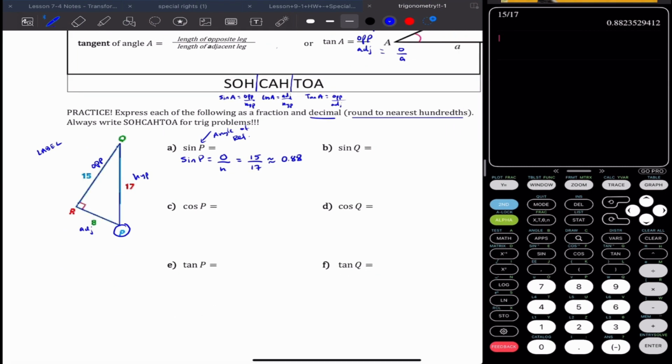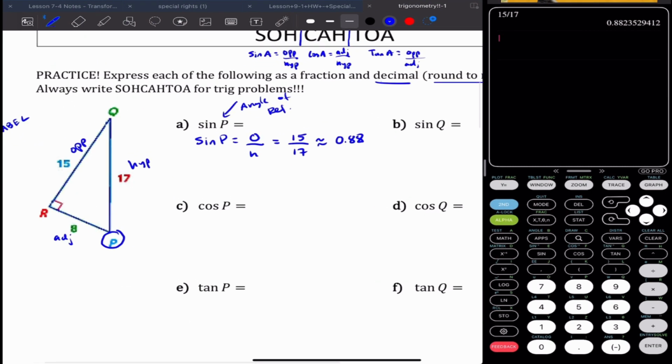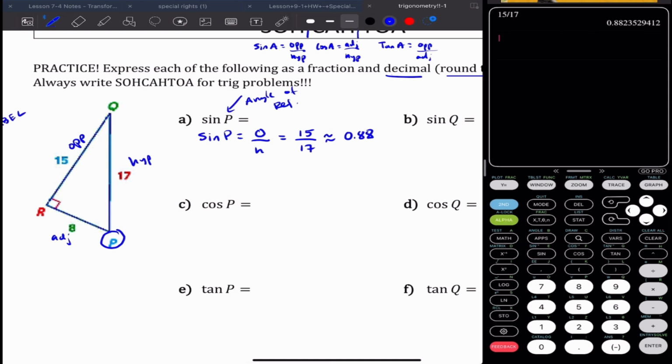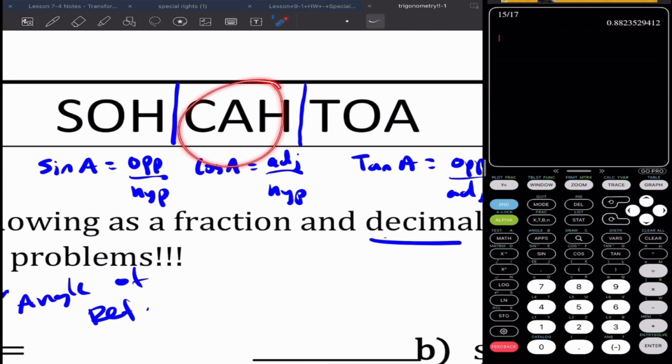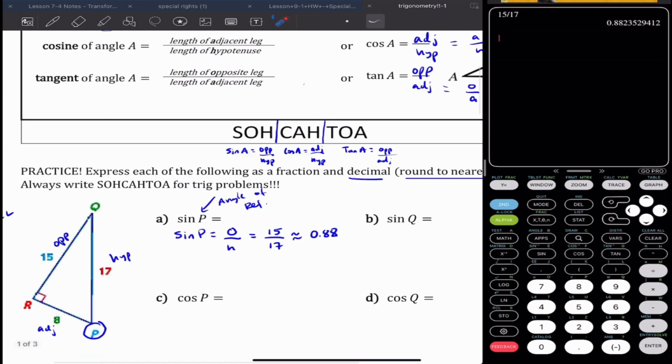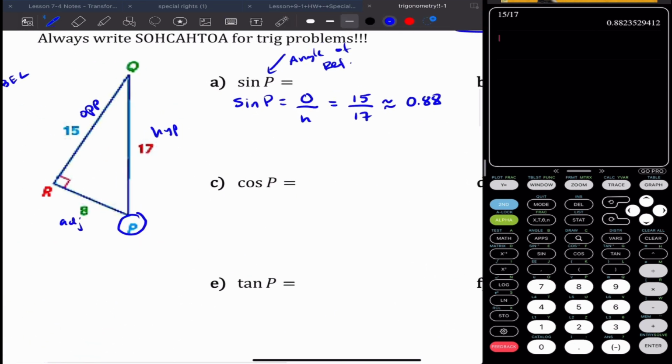All right, I'm going to move this calculator away. I think this is a good screen. So cosine of P. Now, cosine, that's co, right? So cosine is equal to adjacent over hypotenuse. I will write cosine of P is equal to the adjacent over hypotenuse. The adjacent side is 8 and the hypotenuse is 17.